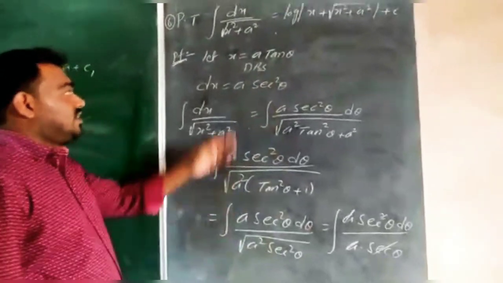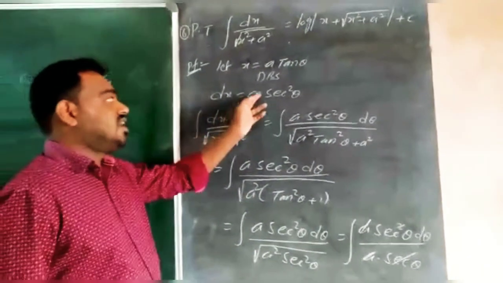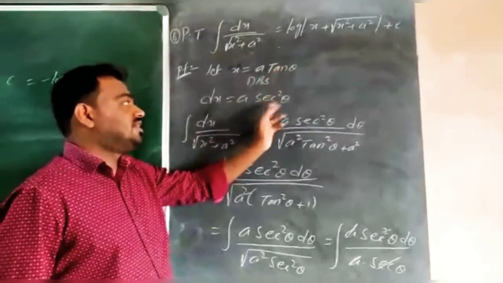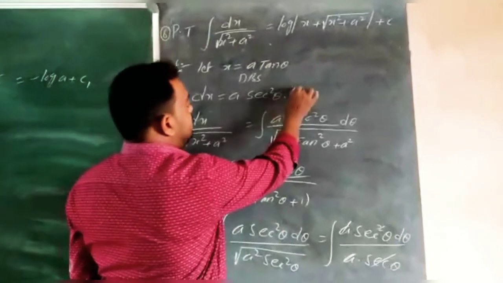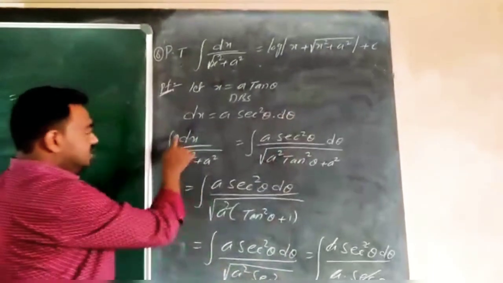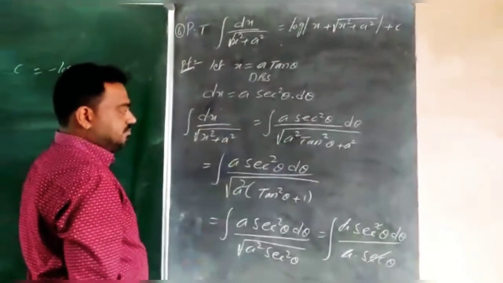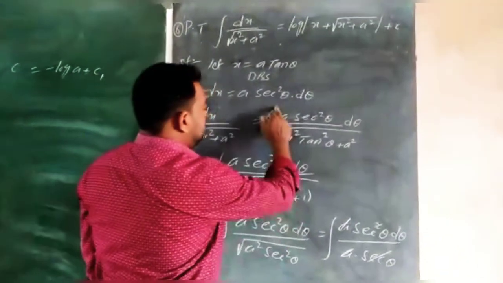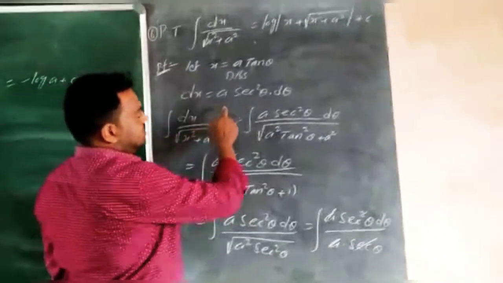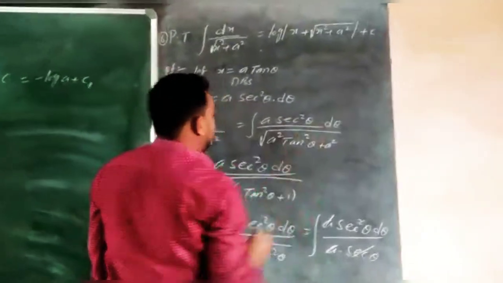Taking the derivative on both sides, dx equals a into the derivative of tan theta, which is secant square theta, d theta. Now the integration of dx by square root of x square plus a square: the numerator dx is a secant square theta d theta.